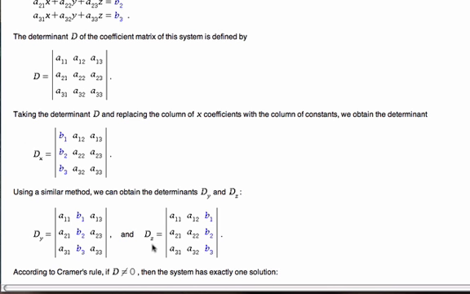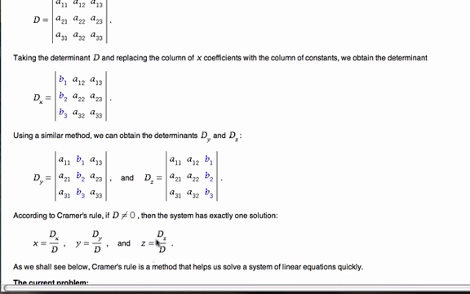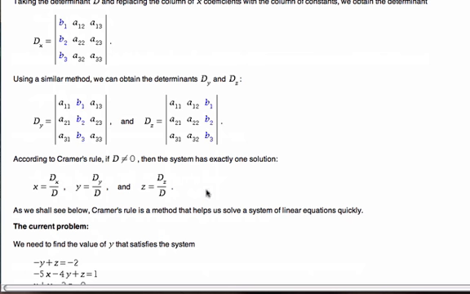Likewise, if you're going to solve for z, you replace the z coefficients with the constants from each equation. This works as long as your determinant does not equal 0. Then we know that the system has exactly one solution.